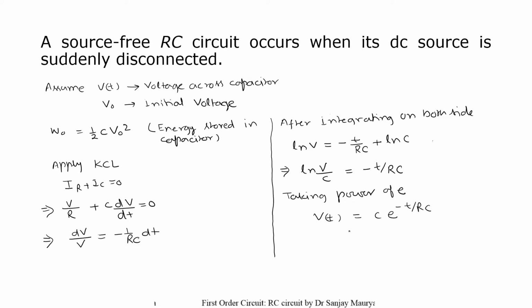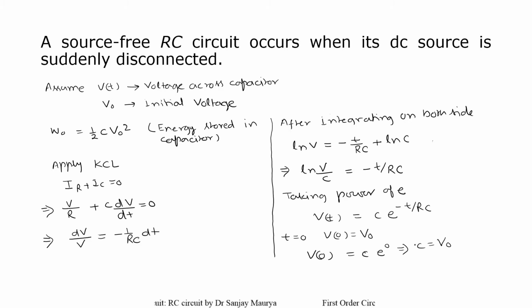Here C is constant, so we can determine the value of C with the initial condition. Since we know that at t is equal to 0, the voltage across the capacitor is V0, so I can substitute the value of t. So this will be V0 equal to C into e to the power 0, and this will give us C equal to V0.